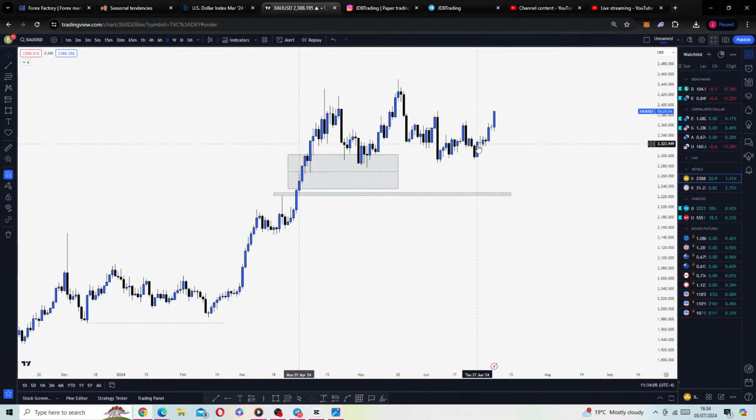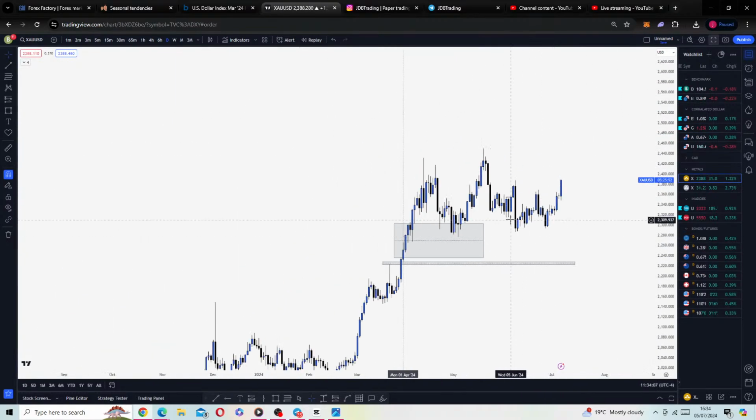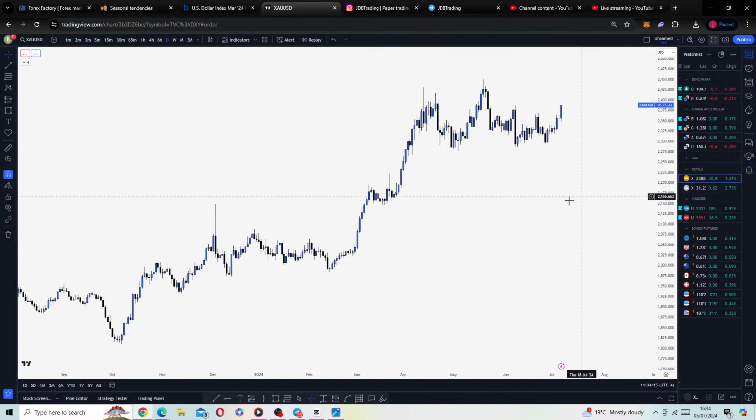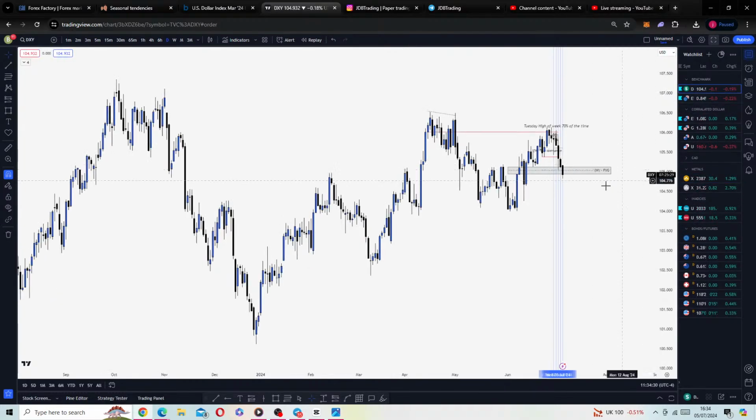You can probably see gold for the last few months, terrible. DXY higher here. You get to gold, it's going lower, higher, lower, higher. You get what I mean? Well, this price action here is nice. Everything's in symmetry right now, like today, not yesterday, on Wednesday.